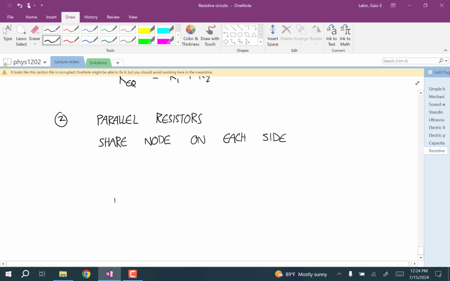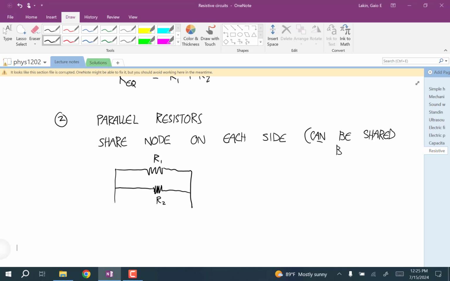So an example of parallel resistors would be this. This is R1 and this is R2. And you can see that on the left they share a node and on the right they share a node. It doesn't matter what else shares it. These nodes can be shared by other elements.